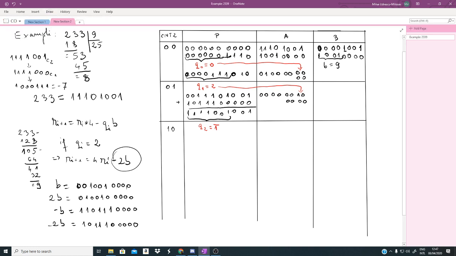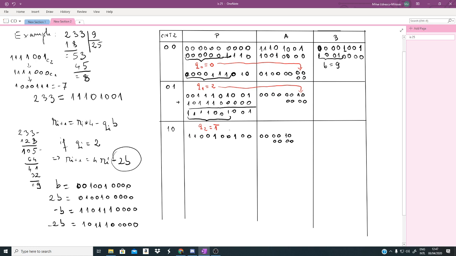So we simply shift 1, 1, 0, 0, 1, 0, 0, 1, 0, 0, 0, 0, then 0, 0 upstairs, 0, 0 downstairs, 1, 0 upstairs, 0, 0 downstairs.